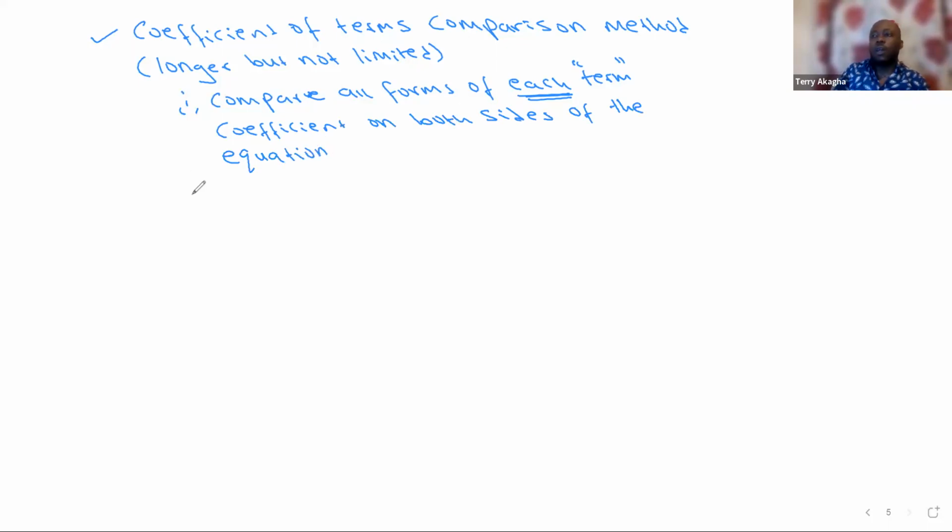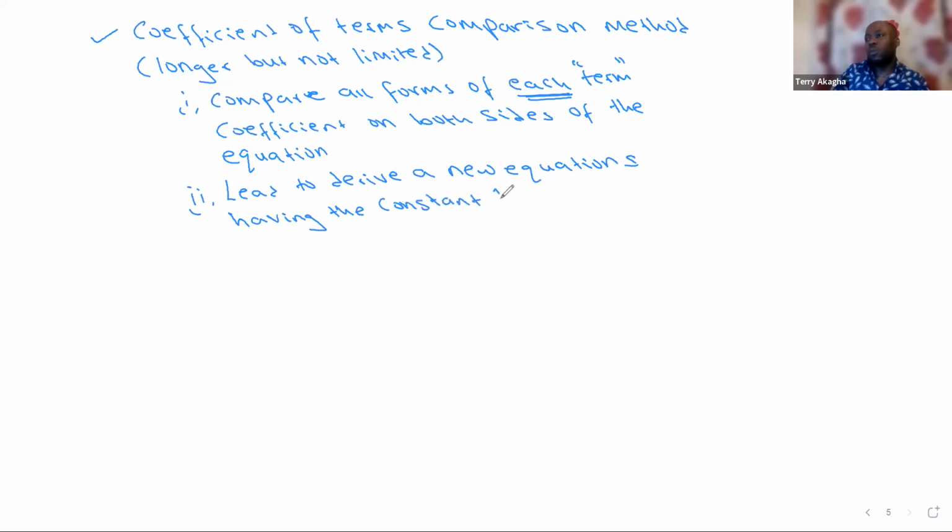Then after that, it will lead you to derive new equations, but the new equations will have the constant terms in them. Then when you have that, you solve using simultaneous equations.